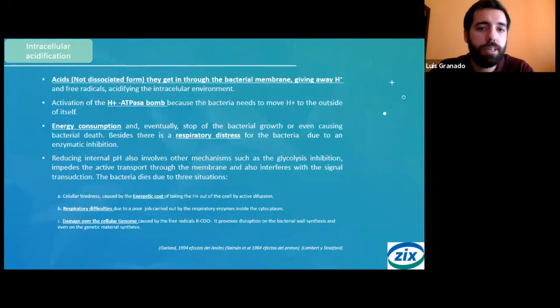So it is only, as I said, the not dissociated form that will go through the cell membrane, releasing those hydrogen protons inside of the bacteria, okay? And that is why only organic acids are capable of acting inside of the cells, because they are the ones from which we will find the not dissociated form.